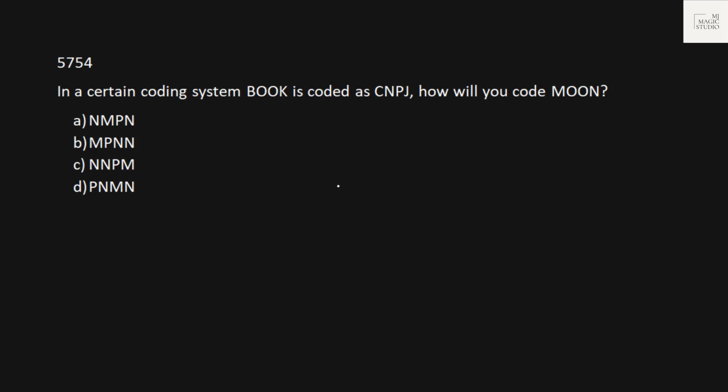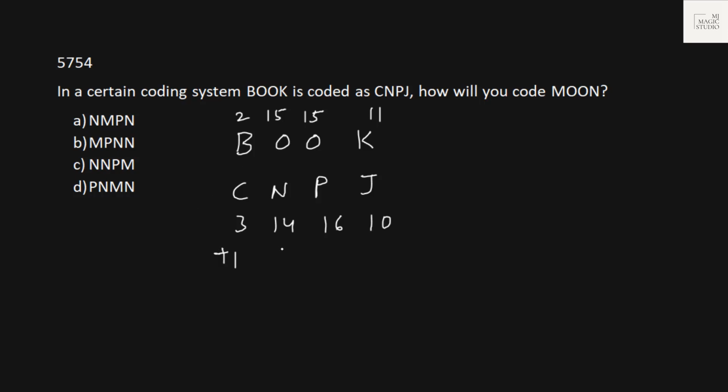Okay, I guess this one is the last one from this section of coding, decoding, and let's see what we have. In a certain coding system, BOOK is coded as CNPJ. It's all different. So it is like B is 2, O is 15, O is 15, K is 11. This becomes C is 3, N is 14, P is 16, J is 10. It is +1, -1, then +1, and then -1.